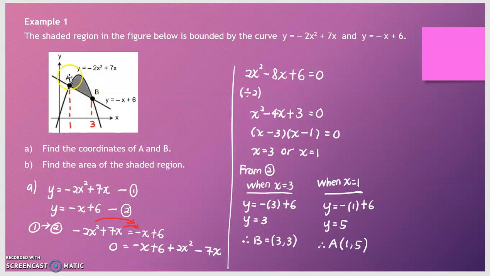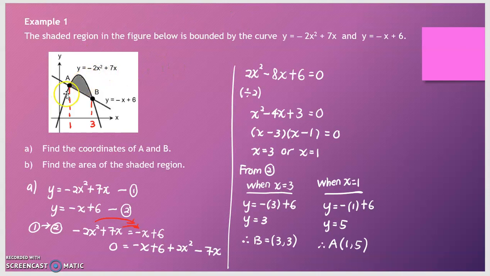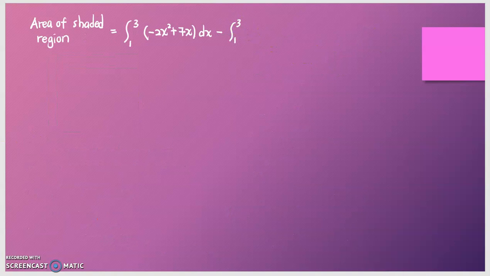So the upper function is negative 2x squared plus 7x, minus the integration from 1 to 3, and the lower function is negative x plus 6. So upper function minus lower function.